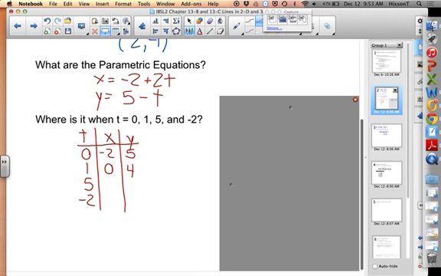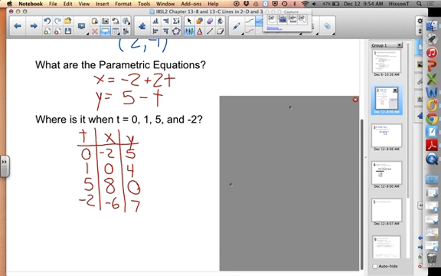Good, 8, 0. And then, what about 2 seconds or minutes or whatever before we started actually looking at it? Where was it? -6, 7. -2 plus 2 times -2 is -4, so -6, and then 5 plus 2 is 7.